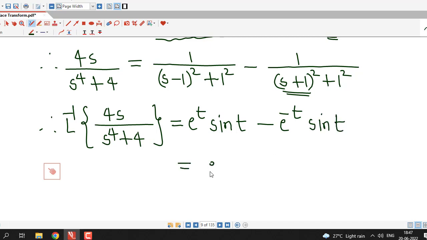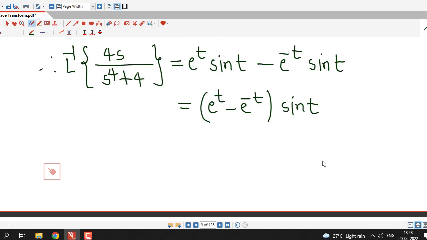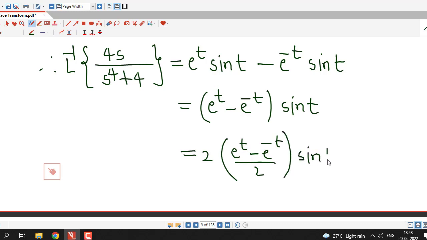So this is going to be e raised to t minus e raised to minus t into sin t, and if we wish, we can rewrite this as 2 times e raised to t minus e raised to minus t divided by 2 into sin t, and this is nothing but sin hyperbolic t into sin t.